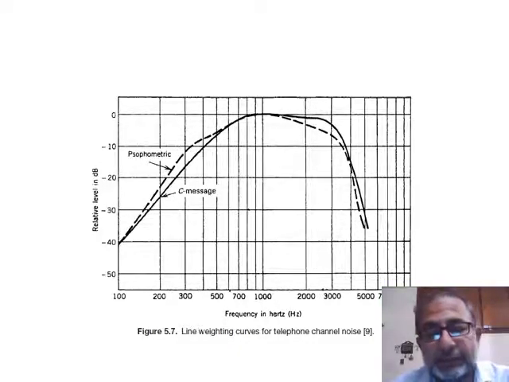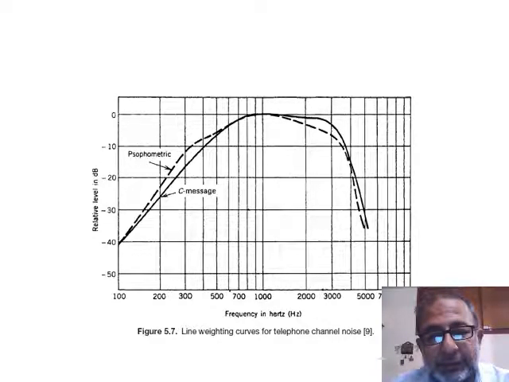What are these curves? Basically, these two curves are noise and annoyance curves. It means that as we increase the relative level in dBs of the signal, and we move from a frequency of 100 hertz up to 5000 hertz, it is recorded at which frequencies people experience annoyance.